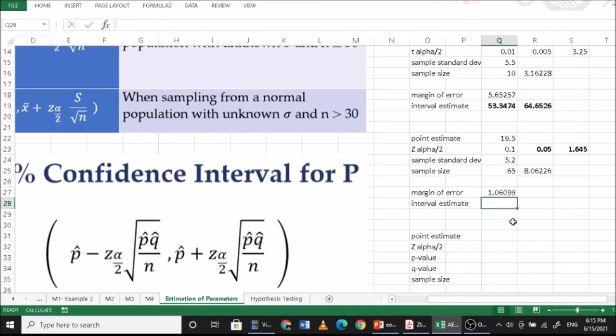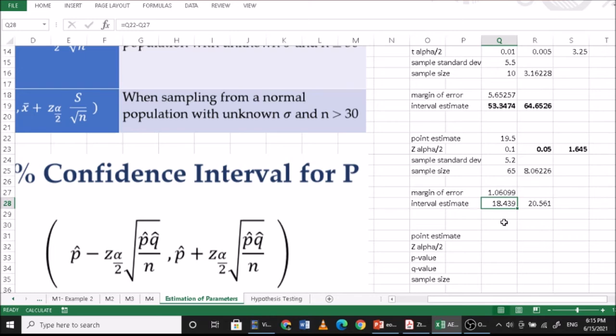So the interval estimate is now point estimate minus margin of error, and then point estimate plus margin of error. So you are now 90% confident that the true population mean is between 18.44 and 20.56.